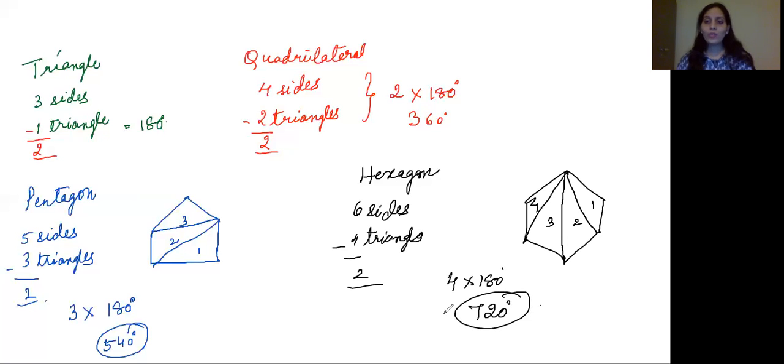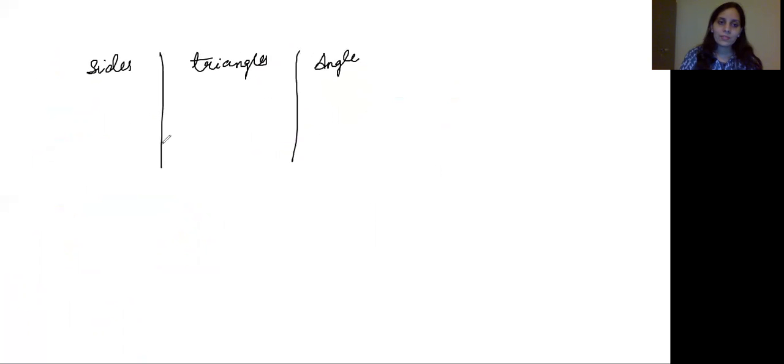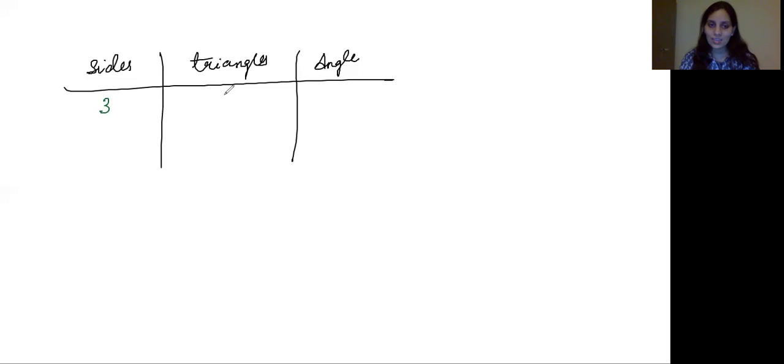Now we are going to see what the pattern actually is. If I consider the sides, the triangles and the angle sum property: a 3-sided figure is known as a triangle, which is one triangle, and the measure is 180.